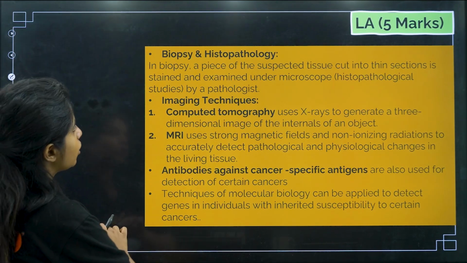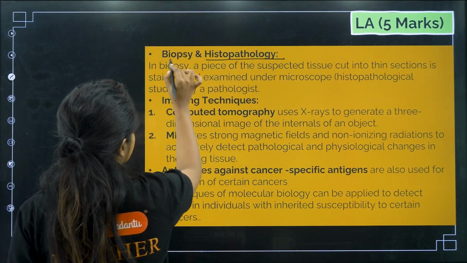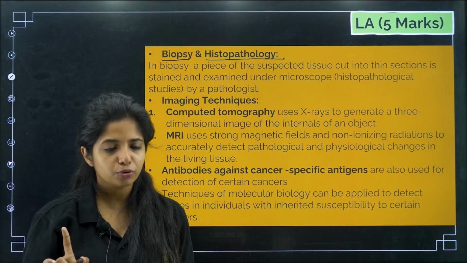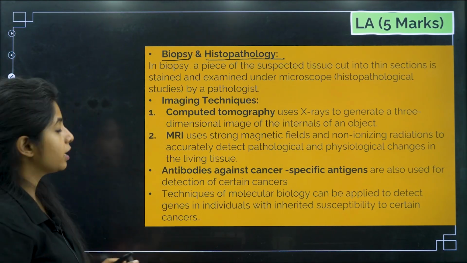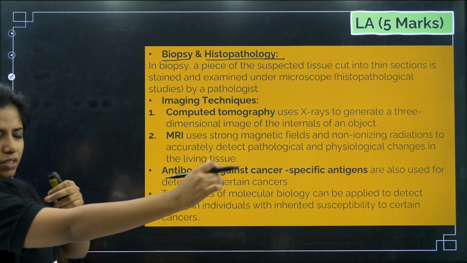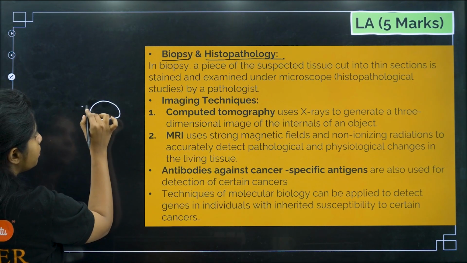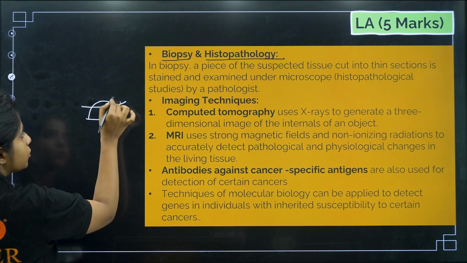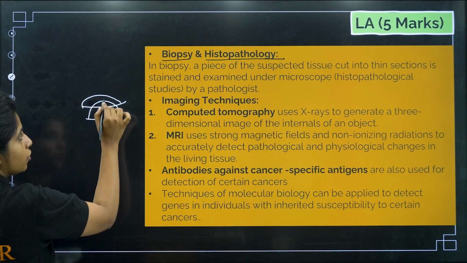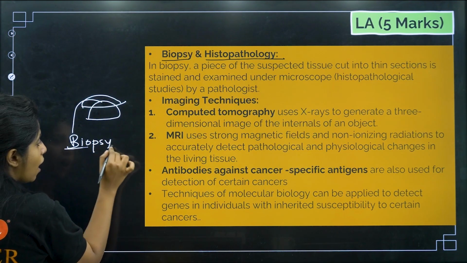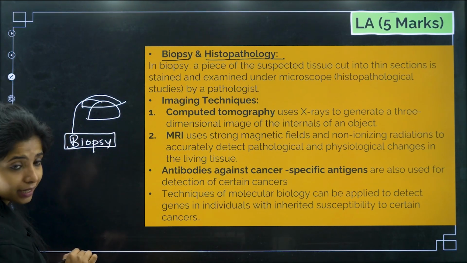First technique is biopsy and histopathology. Biopsy, listen to me carefully rather than reading it, which is why I do not usually show you. For example, I say that there is a cancer tumor over here. I take this tumor and I cut a portion of it. This process of removing a portion is known as biopsy. Now, after removing, I have to check, right?